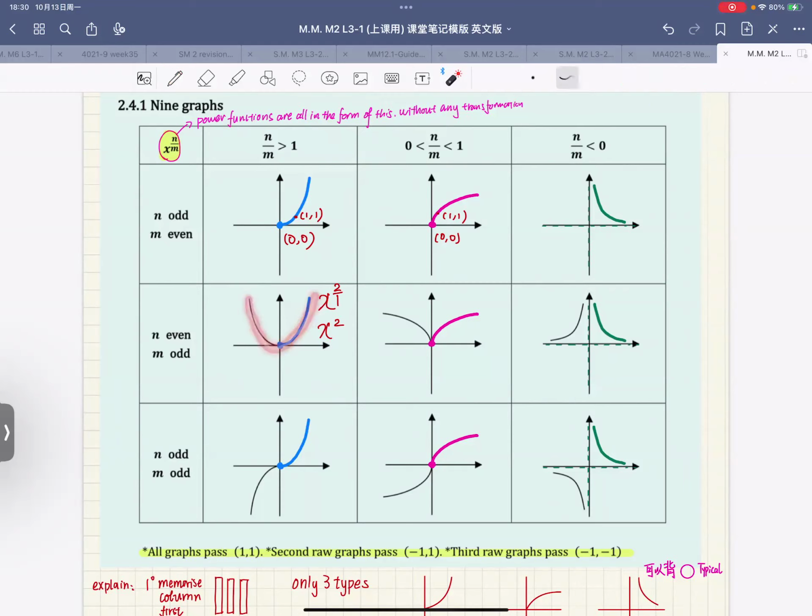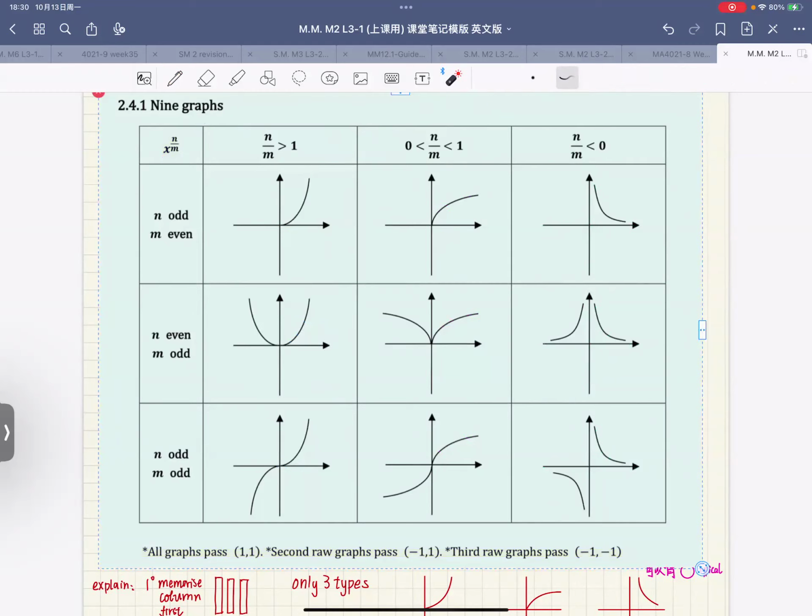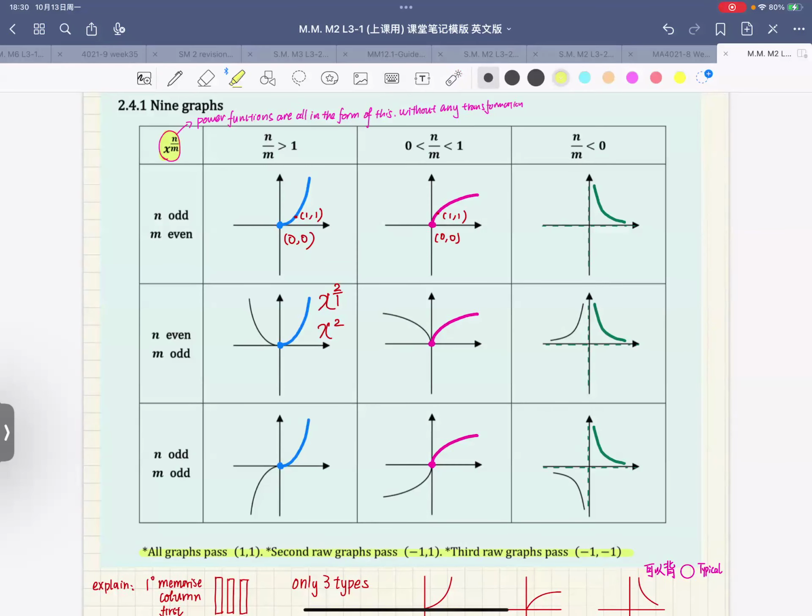Another example, x to the power of 1 over 2. n is an odd number 1 and m is an even number, and 1/2 is between 0 and 1. Basically, that's the square root of x. That's the graph of square root of x.